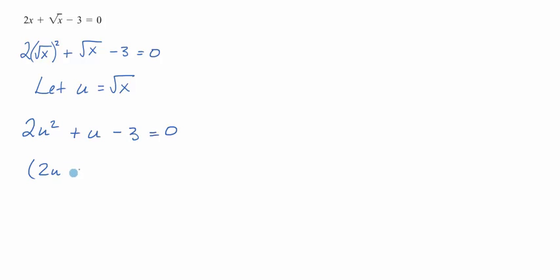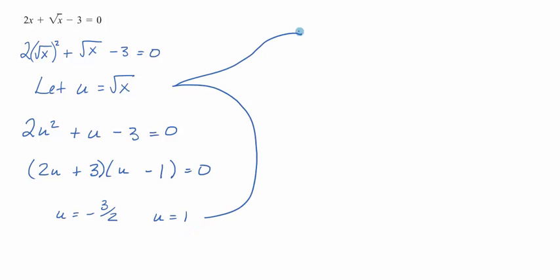Factor that, you get 2u and u. Then we want a 3 here, a 1 here, a negative here, plus there. That will give me my positive u in the middle. And so I got u is negative 3/2, and u is 1. Now we put those into the let statement.